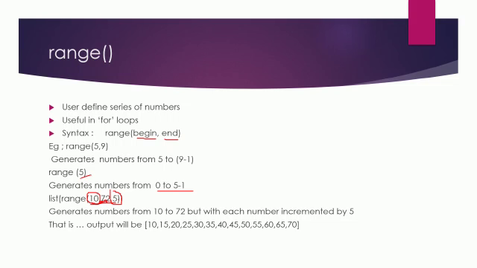So it keeps on checking and it keeps on incrementing. When it becomes greater than or equal to 72, the list will not print that value. It stops printing the series and it will give output like this.